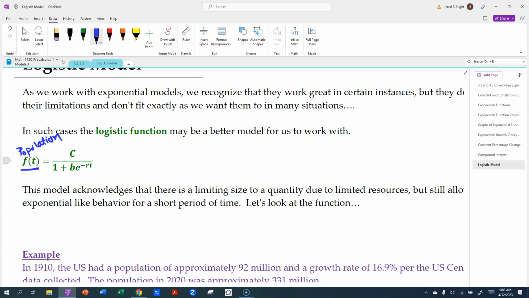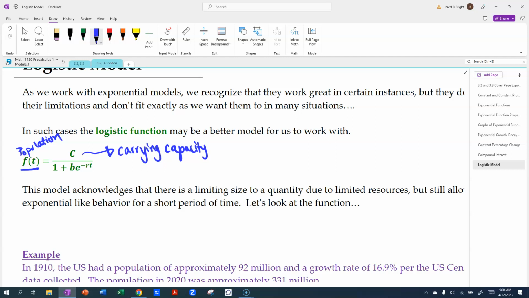But first I want to talk about c. C, in the context of populations, is known as the carrying capacity, okay? And the idea of a carrying capacity is just the amount of stuff the environment or the context that you're in can support, okay?